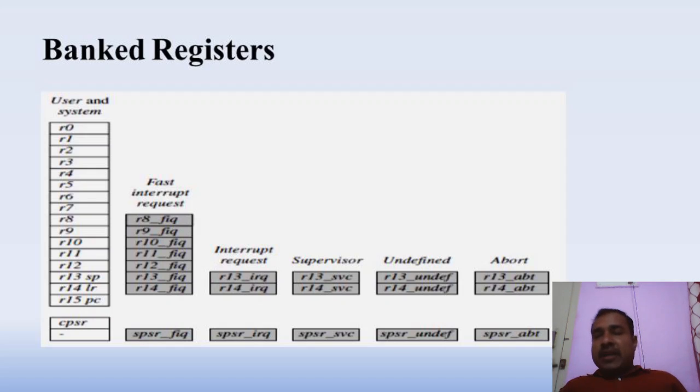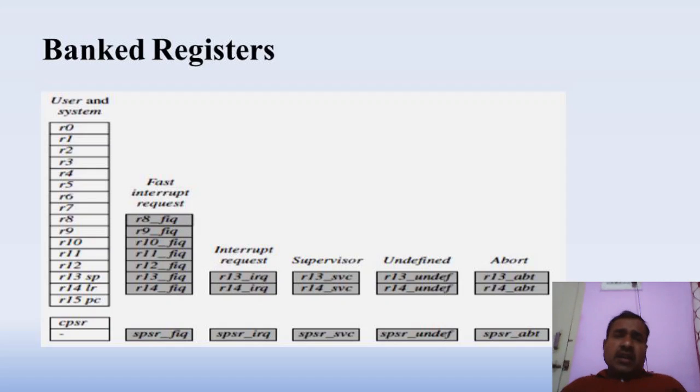At any particular time, a maximum of 18 registers are visible to the program. Other registers are hidden from the programmer.